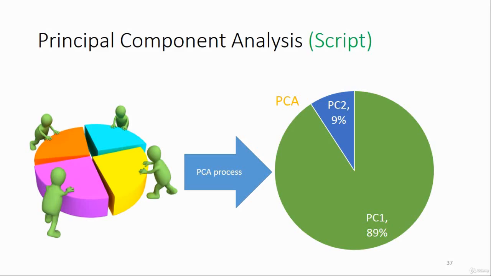One of the important concepts is principal component analysis. This is also known as dimensionality reduction, basically reduction of dimension. So suppose you have, say, 100 features and you want to reduce to say 5, 10 and so on.